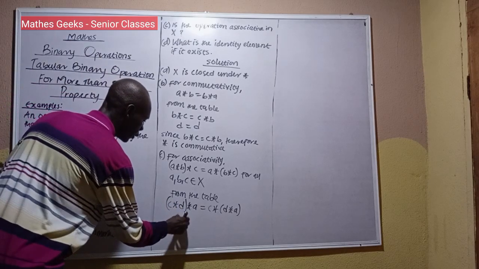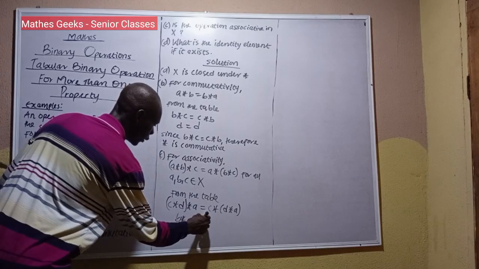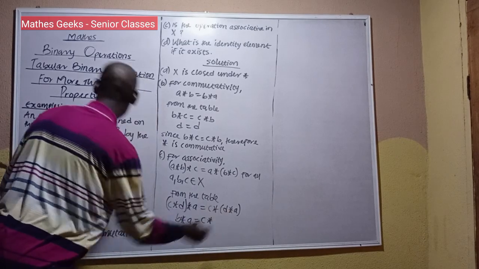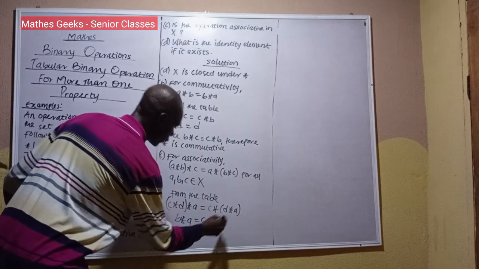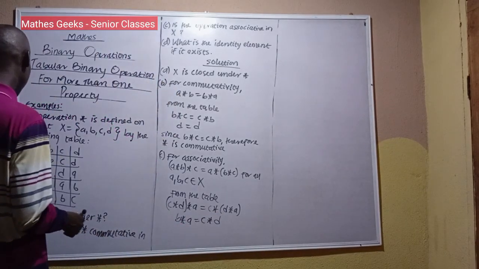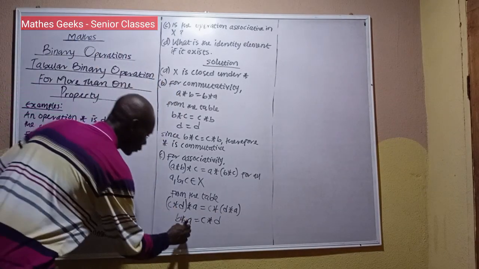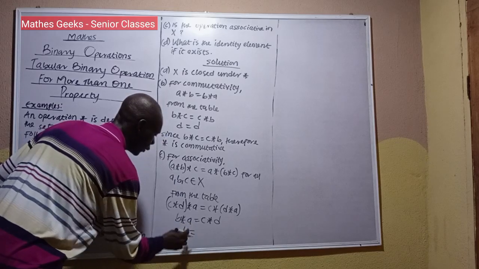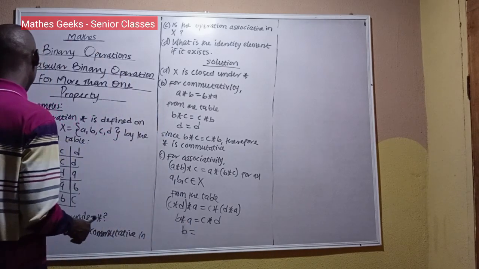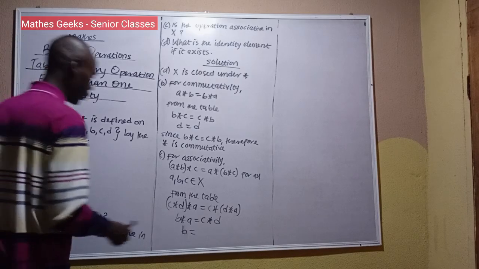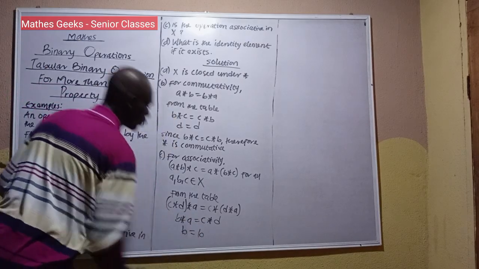It's B star D, and here's C star D star D, D star D, this is C. So let's see, B star D is B, and then C star C, what is it? Is B.